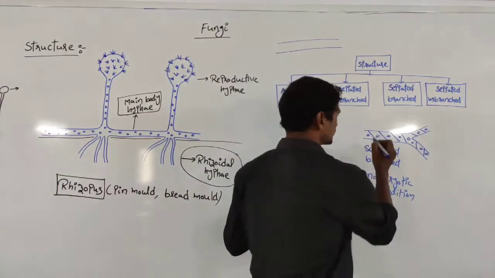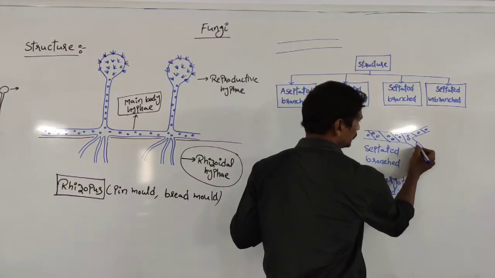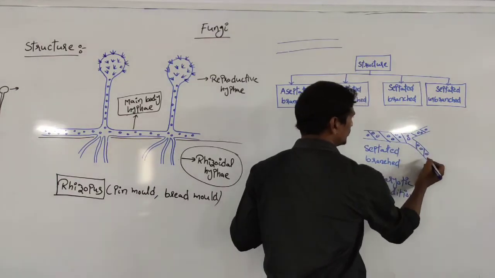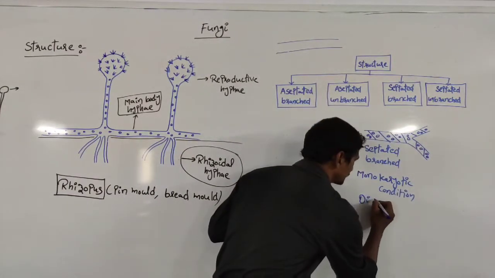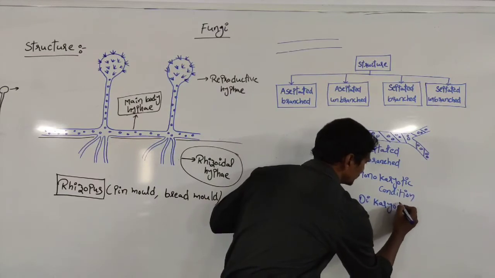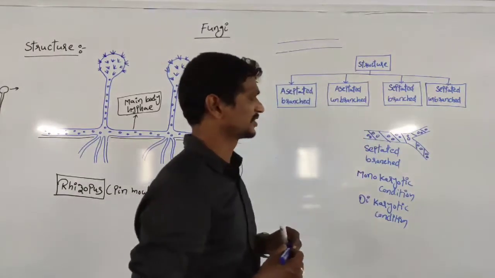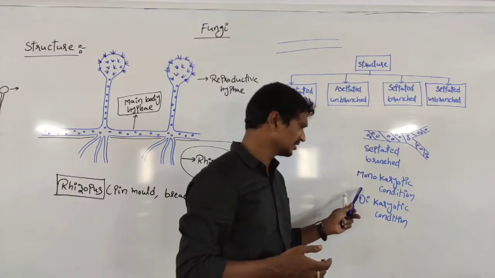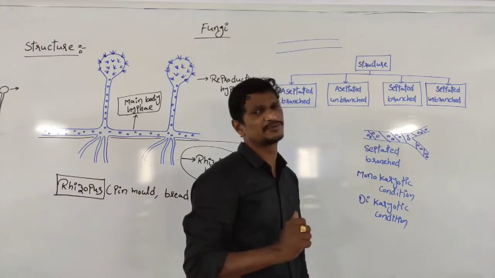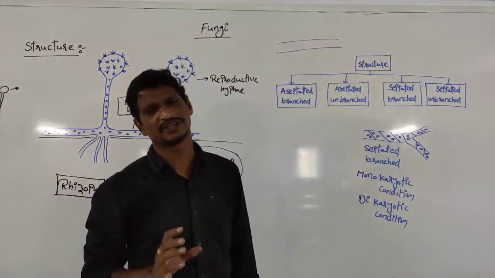In certain cases, the septa separate two nuclei. So the condition is called the dikaryotic condition. So remember all of you, with the presence of septa, either the monokaryotic condition or the dikaryotic condition is maintained.